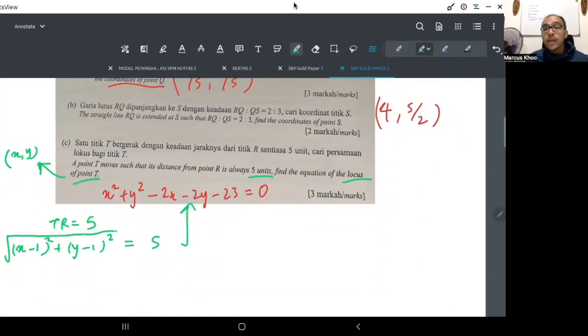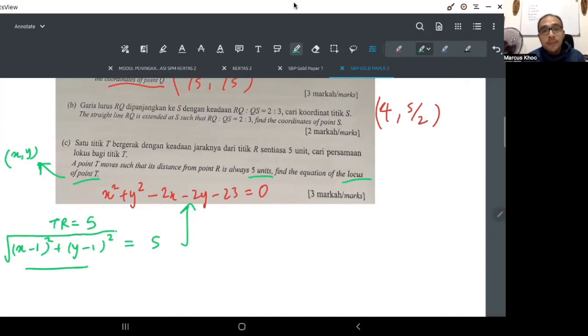Always remember, for locus questions, whatever the locus is, that is the one that you must give X and Y. If the point T is the one that is moving, that is the locus, so T is the one that you must give X and Y. Then look at the other point. If the other point is point R, then use the distance formula.